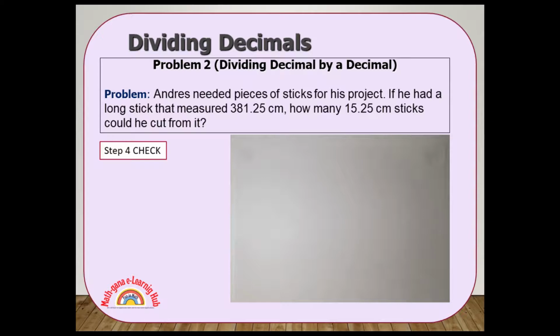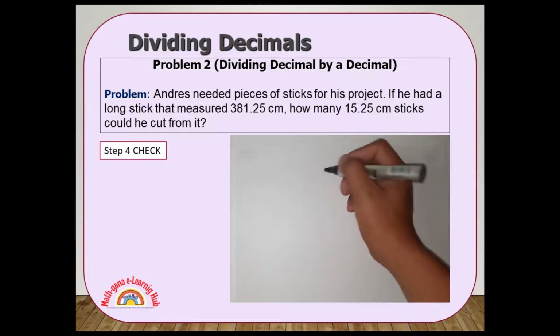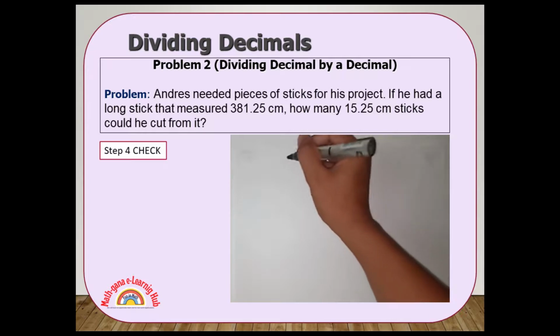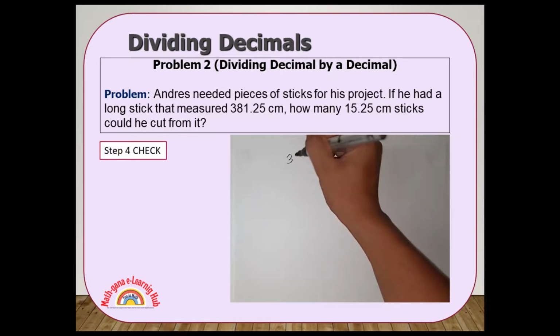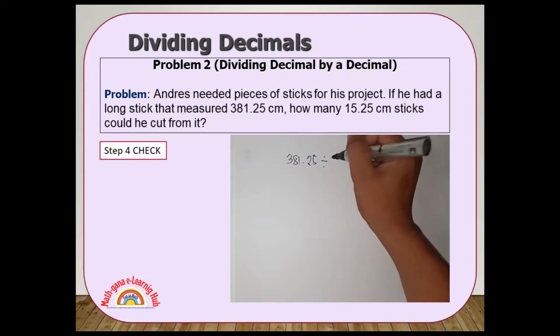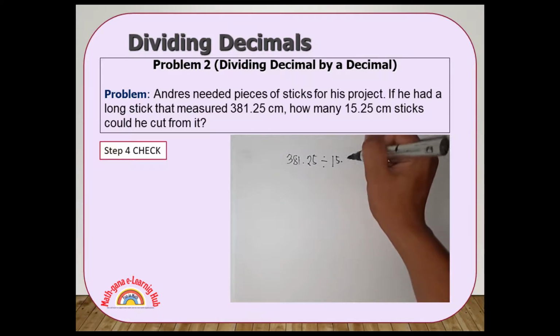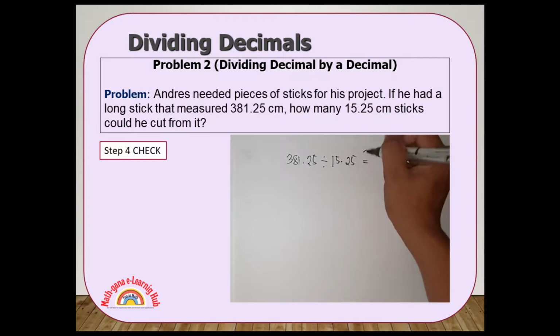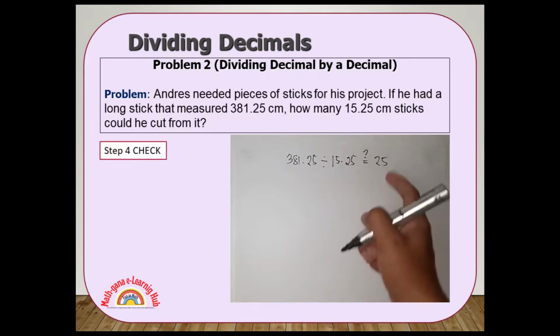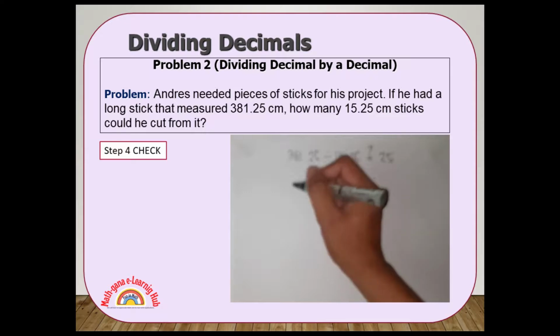To verify if our answer is correct, let us move to step 4, which is check. Let us check if our answer a while ago, which is 25, is correct. When we divide 381 and 25 hundredths by 15 and 25 hundredths, is it equal to 25? How? Just multiply.